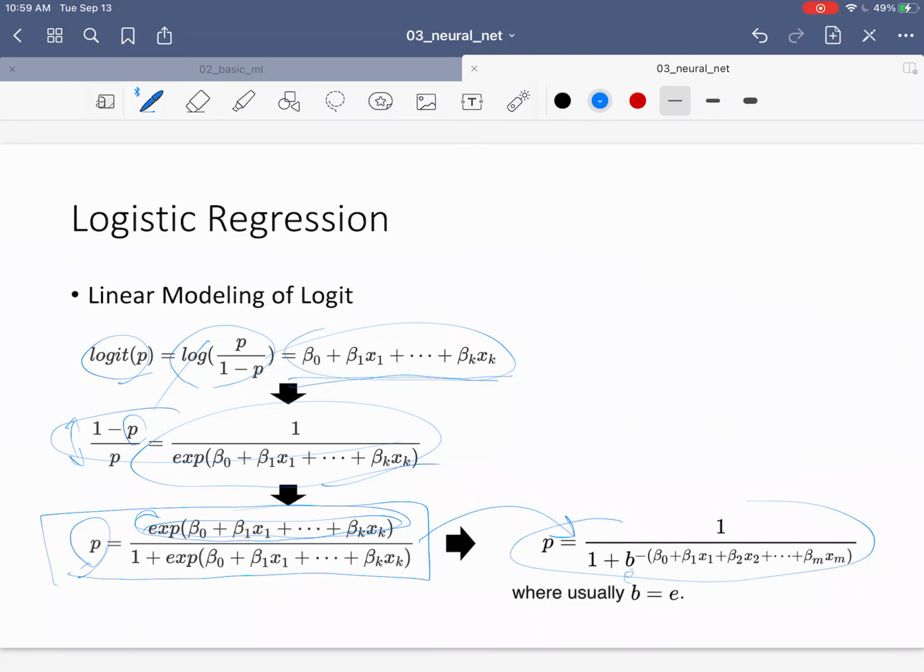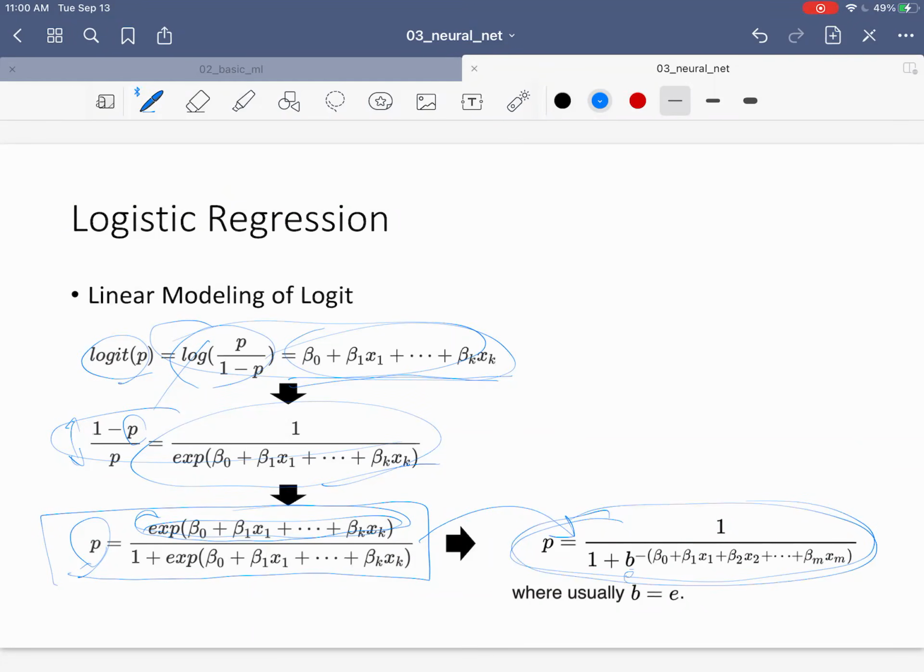So you have a binary outcome variable P, and you want to model it with a linear function, but in an easier manner. So you first change the probability to odds, and then you put log in front of odds to make it into logit, and then you set the logit to be linearly approximatable, and then you shuffle the terms around, and then you get this.